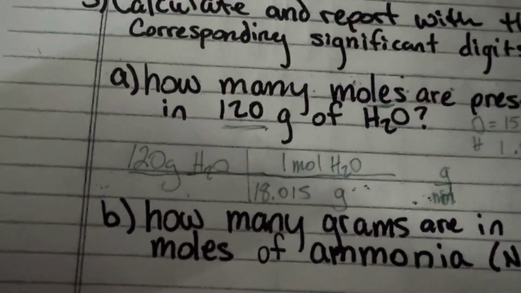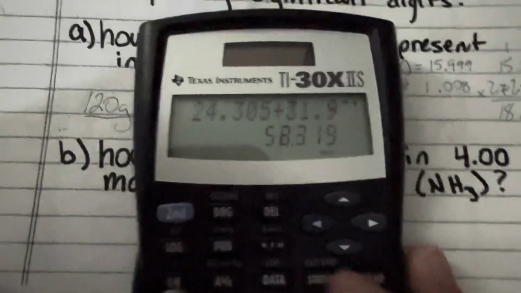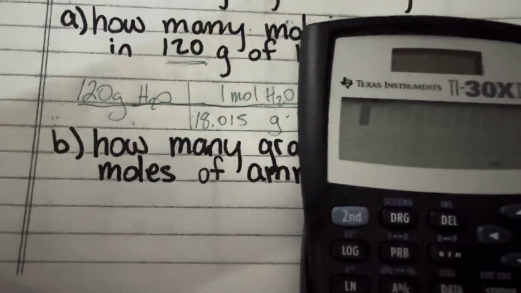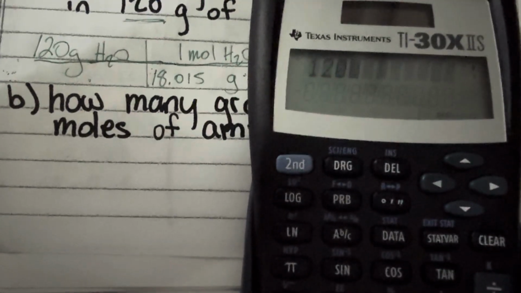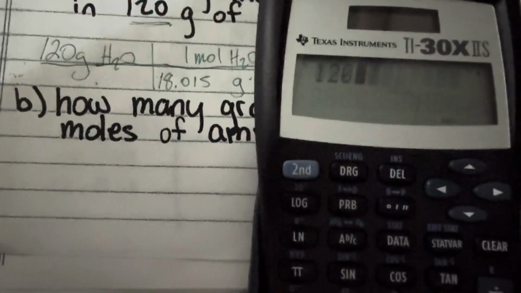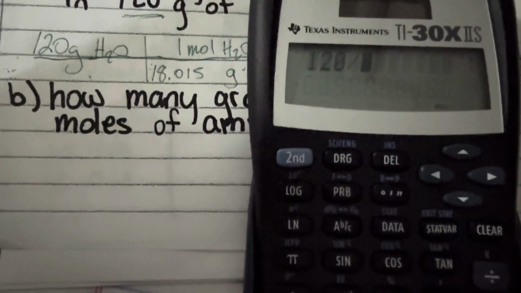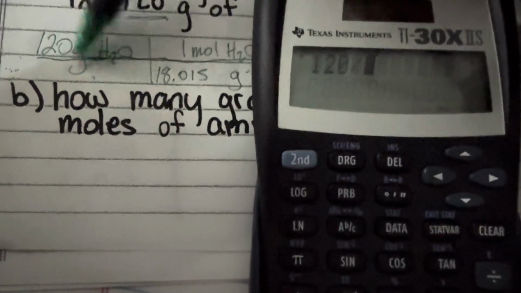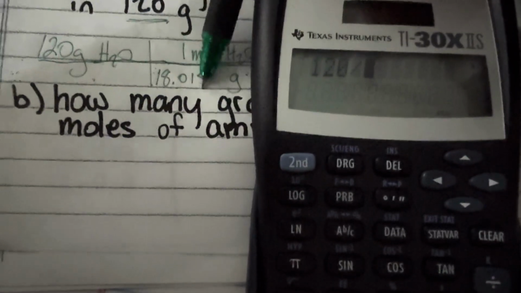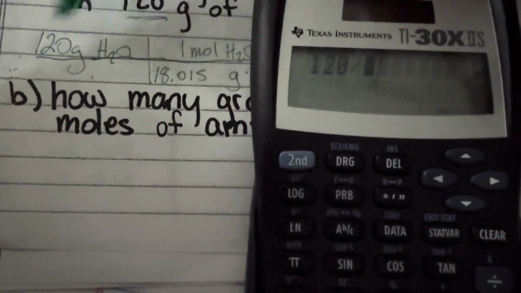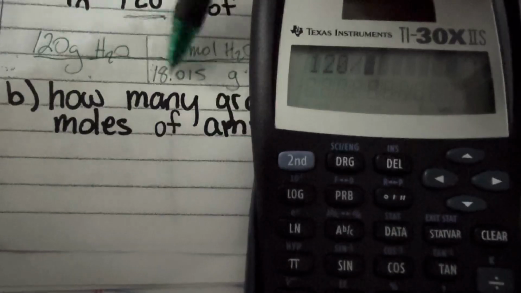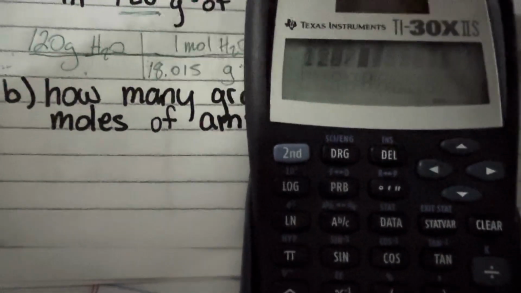Okay, so now we're going to plug this into our calculators. So we got 120, and we're going to hit the divide button, because the 18 is below on our dimensional analysis schema.